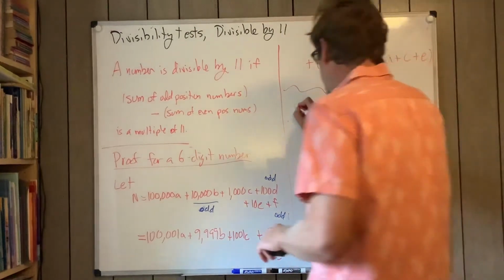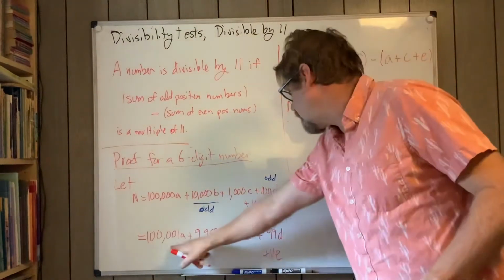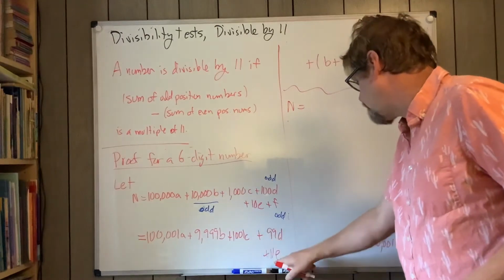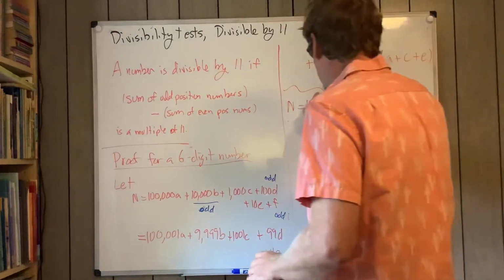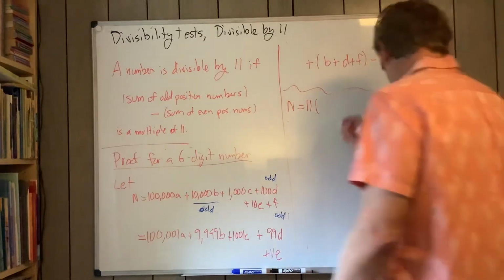Okay, so this N now is, here's what I'm going to do. I have 1, 2, 3, 4, 5 things. 11 is a common factor, so I'm going to write those out.